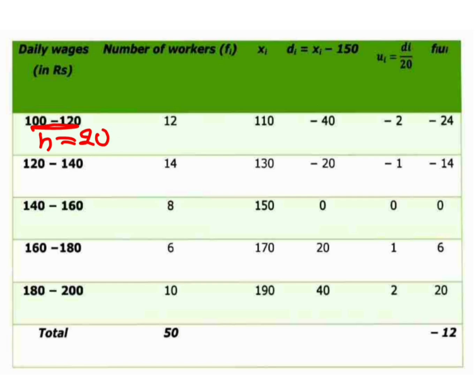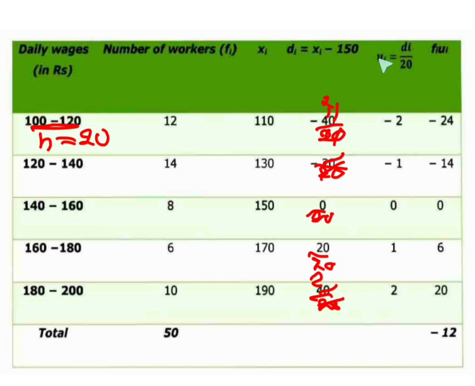Minus 40 by 20 is minus 2, minus 20 by 20 is minus 1, 0 by 20 is 0, 20 by 20 is 1, and 40 by 20 is 2.